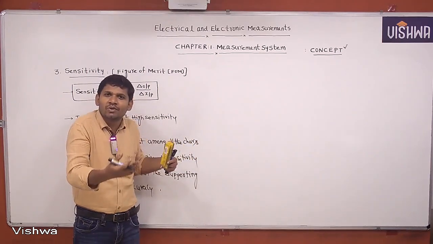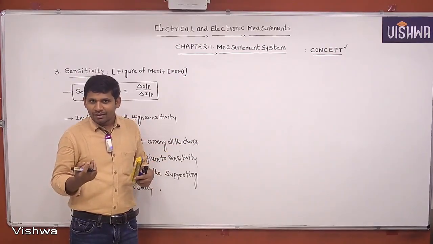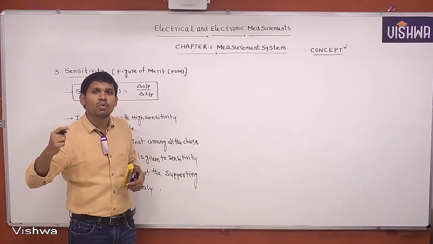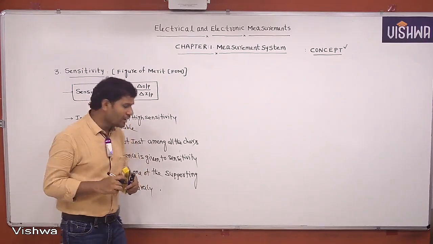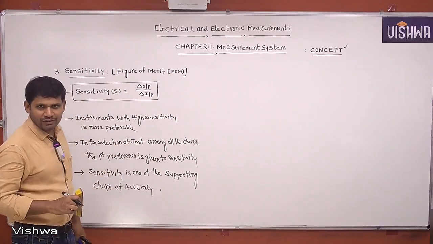Then when we measure the unknown value, it is less accurate. That's why if any instrument has high sensitivity, the measurement is also more accurate. Understood? That's why sensitivity is one of the supporting characteristics of accuracy.